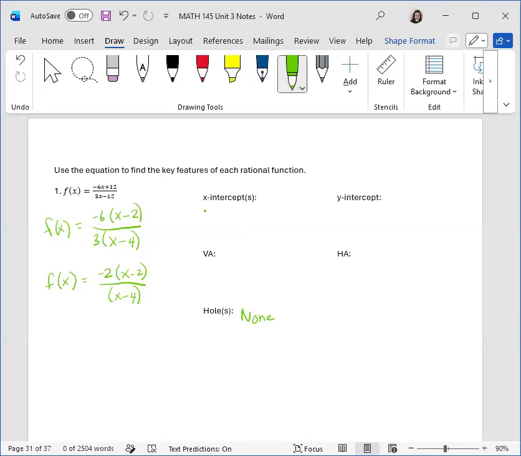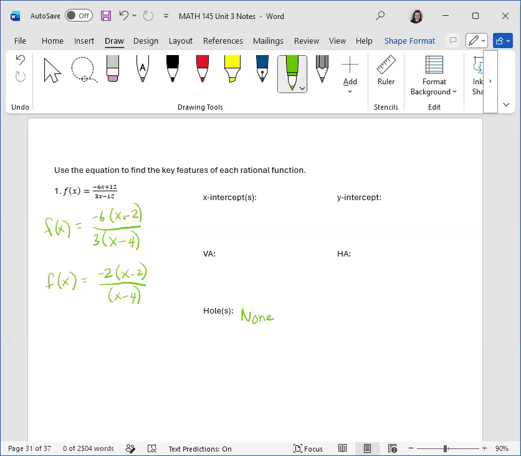Okay, to find the x-intercepts, what we do is we set the numerator equal to 0. And you can use, in this case, either the unsimplified or the simplified. This GCF is not affecting the x-intercept because we just set any factor equal to 0 and solve for x. So it doesn't matter if I use the numerator or the denominator.